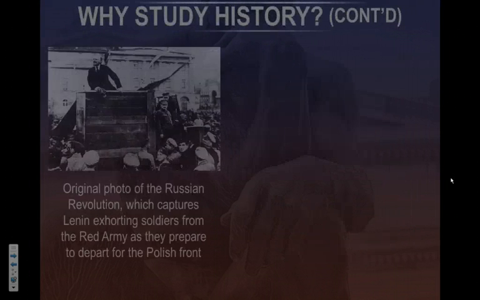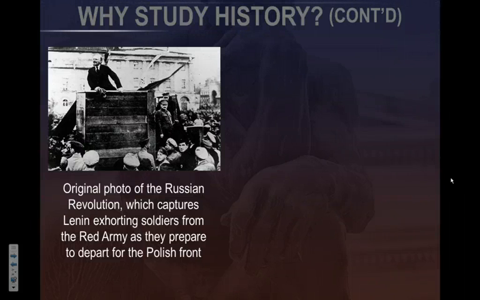Okay, now, this is probably the photo that those of you who've studied history with Mr. McGuire have seen. This is the original photo of the Russian Revolution, which has Lenin talking to the Red Army. So this is Lenin up here, okay? But what you may also see in this is, who's this? Girls, who's that right there? You guys know?